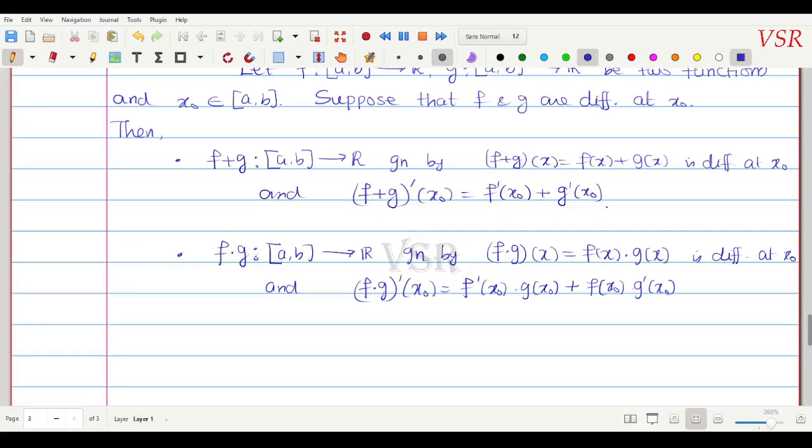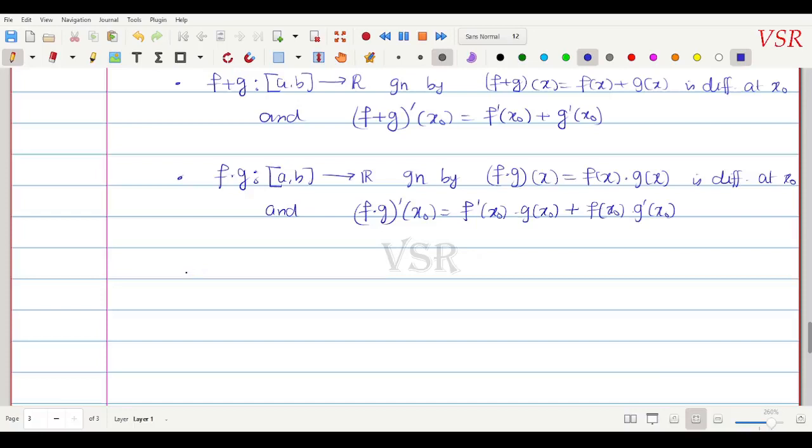ஓகே, and of course the third point வந்து f by g. Okay, and f divided by g is a function from closed interval a b to R, given by f by g of x which is equal to f of x divided by g of x.